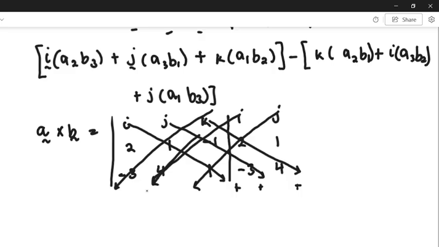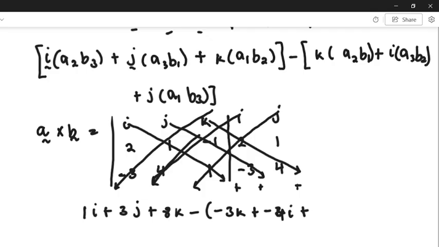So you will have 1 times i is 1i, plus negative 3 times negative 1 is 3j, plus 8k, minus, sorry, we have minus 3k, and then this is 4i, but now we are subtracting, so we have minus 4i plus 2j.